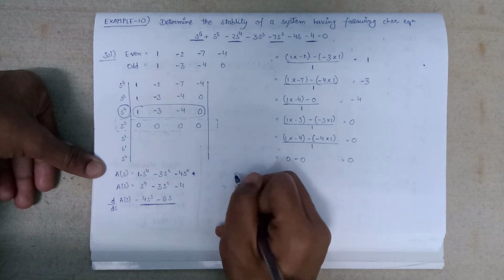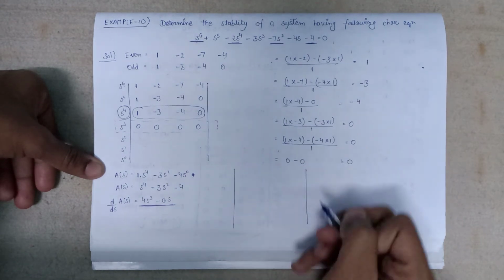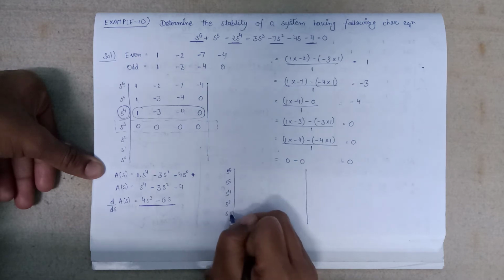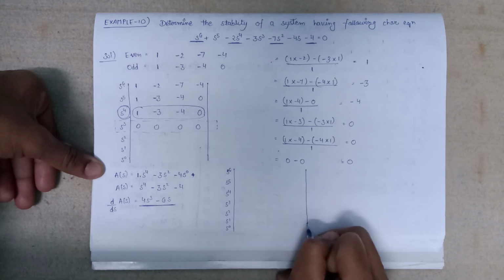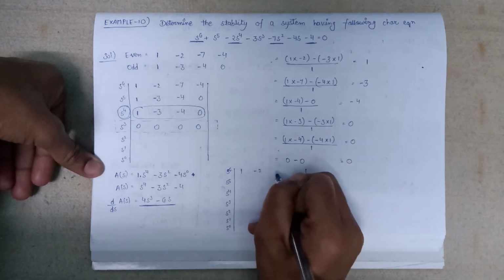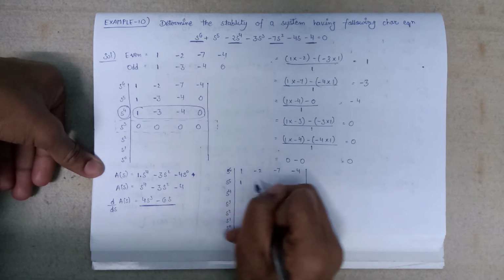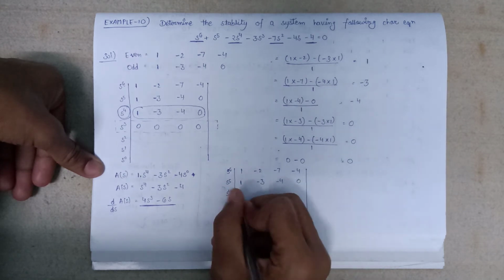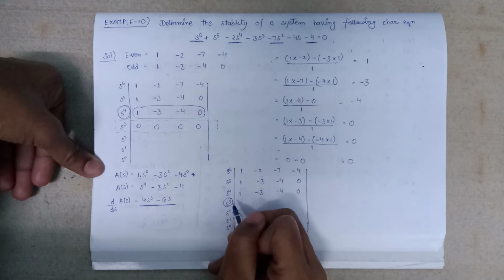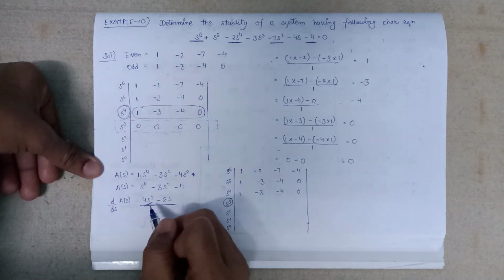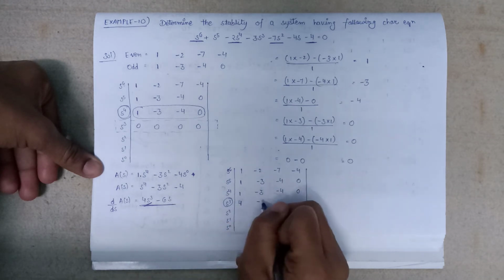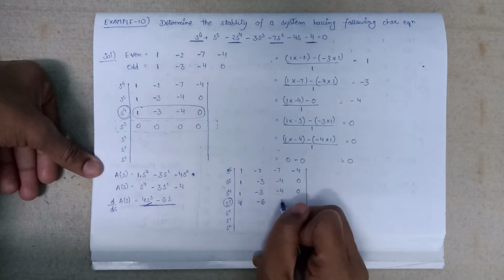Now we will fill the Routh array again, with s to the power 6 down to s to the power 0. Writing the same values: 1, -2, -7, -4, then 1, -3, -4, 0, and 1, -3, -4, 0. In the s to the power 3 row, we write the coefficients of s to the power 3: 4 here and -6 here, and then 0.